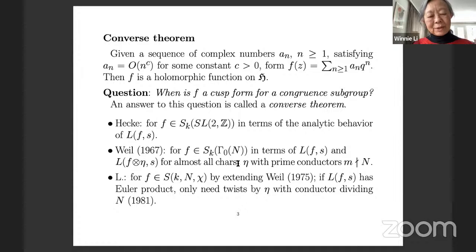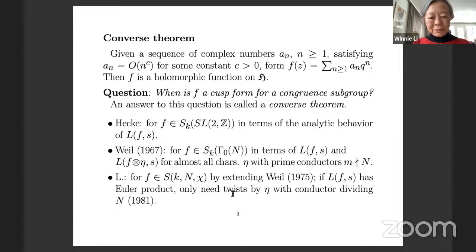These are the Dirichlet characters with prime conductor and coprime to N. Then I extended Weil's converse theorem to apply to a cusp form of weight k, level N, and a character chi. As we can see, when we go from SL2(Z) to Γ_0(N), all of a sudden we use a lot of twists.